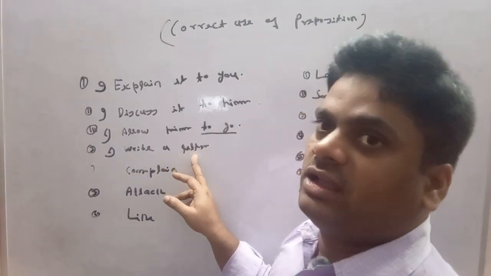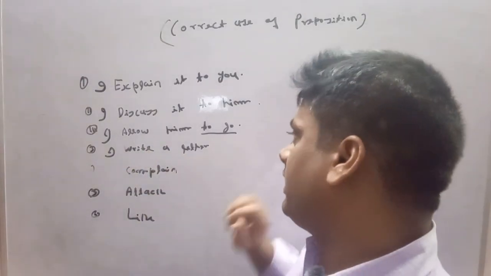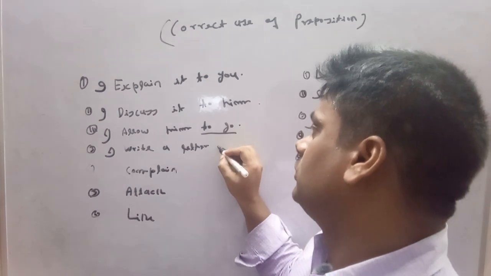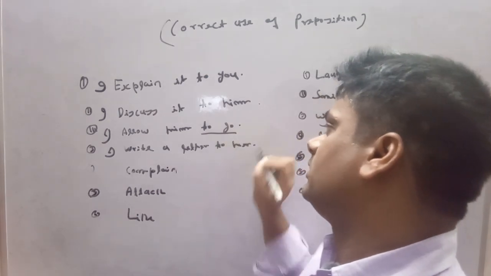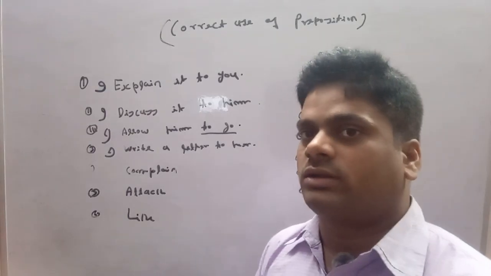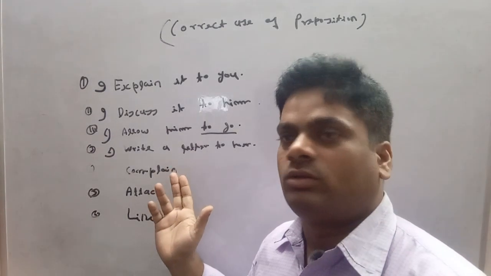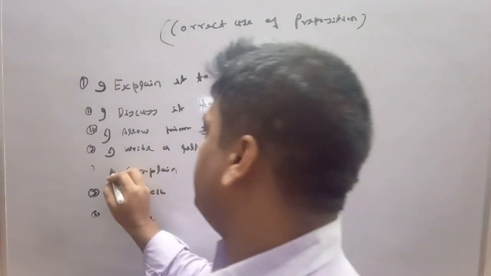Letter is an object of the verb write. Here it would require a preposition. I write a letter. For whom? To him or to her. I write a letter to her.